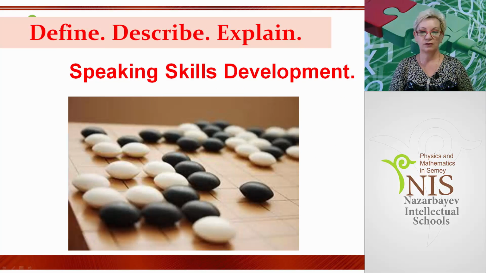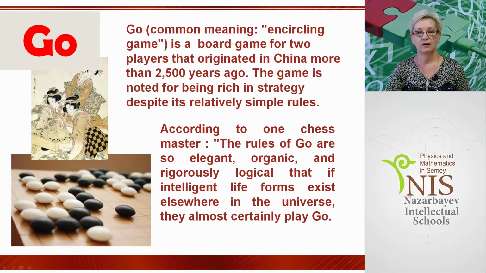The next for you is this picture. What do you think about it? Tell each other, explain, and you will see the right answer. Okay, you are right. It's Go. It's a board game for 2 players that originated in China more than 2,500 years ago.